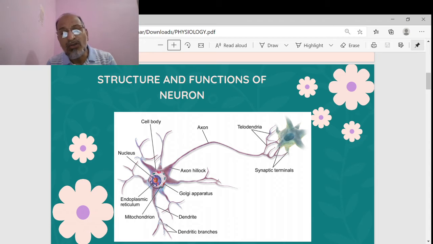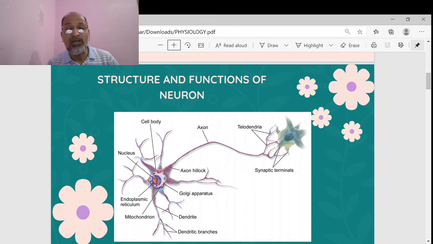All the neurons are the same as any cell of the body, but they have a specialized function and a special structure like axon and dendrites.